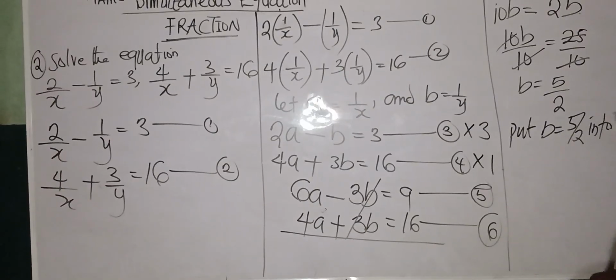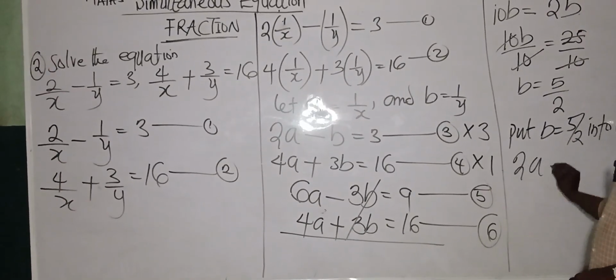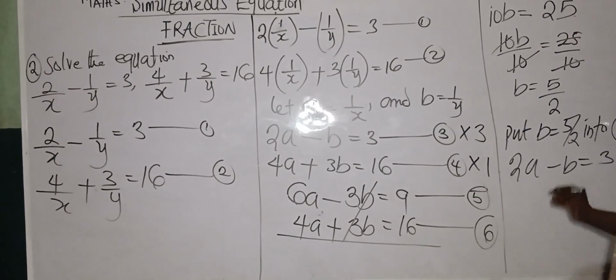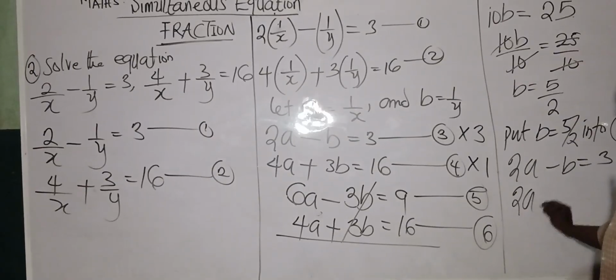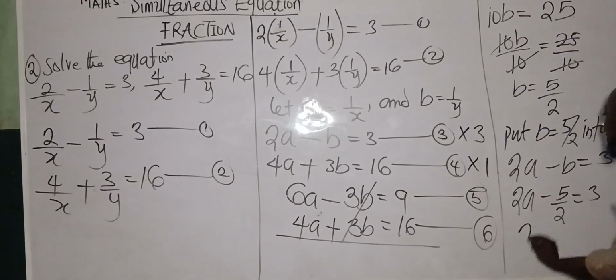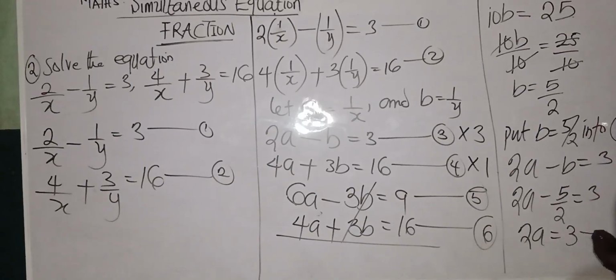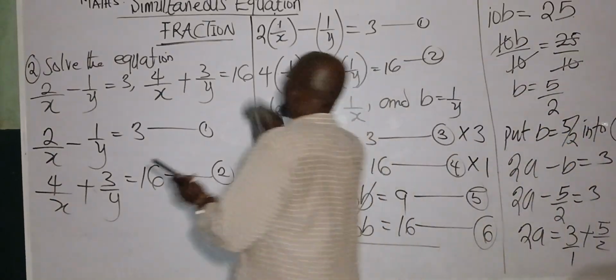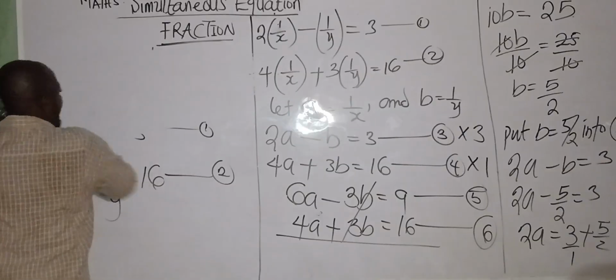Into equation 3. So I have that 2a minus b will give me 3. So 2a minus 5 over 2 equals 3. Take this minus 5 over 2 here, so that will give us 3 plus 5 over 2. Since there is a fraction, make this one a fraction as well.